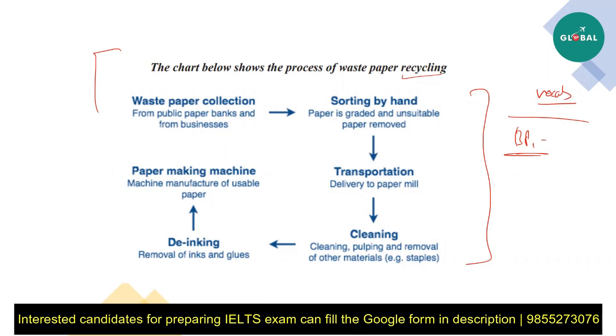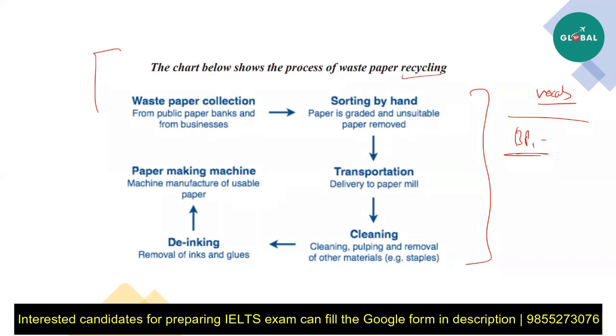Then who else wants to go? Shan, what about you? Yes, ma'am. So body one, all in all, the cycle starts with unused paper collection from public paper banks and from businesses. Secondly, it is separated by hand, in which paper is graded well and unsuitable paper is thrown away. Next, it is transported to the paper mill.